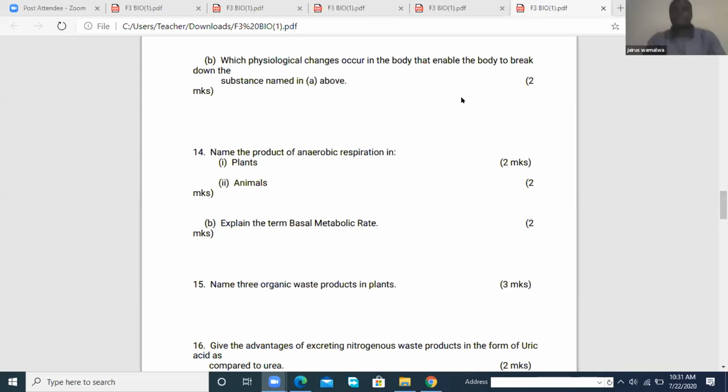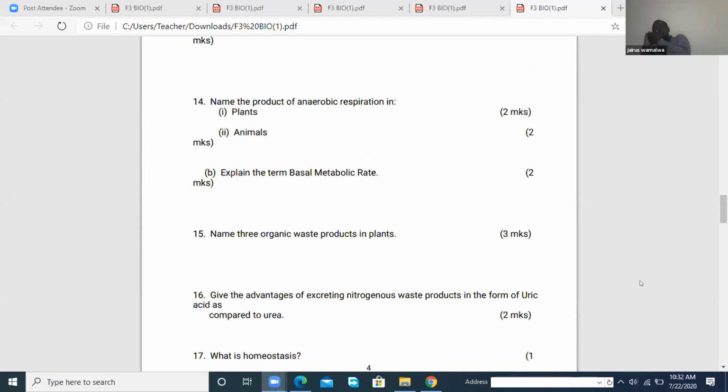I'm trying to look for those raising their hands. Tannins. Gums. Number 2, gums. And resins.